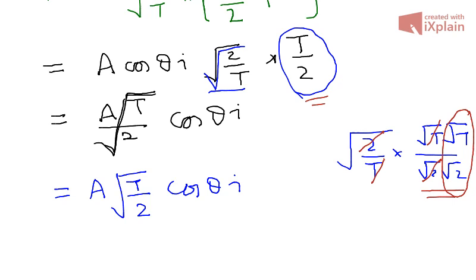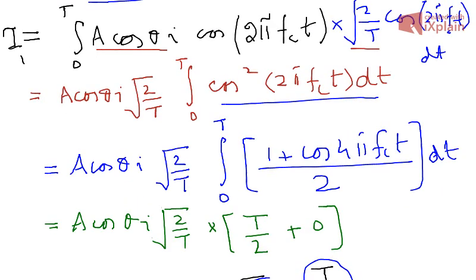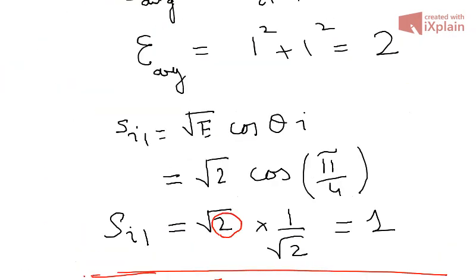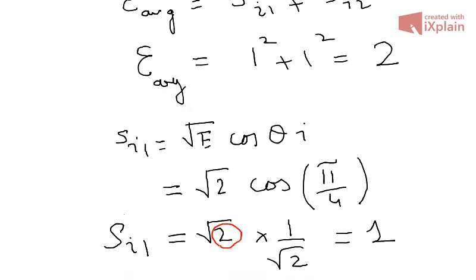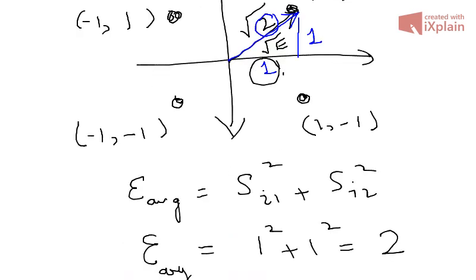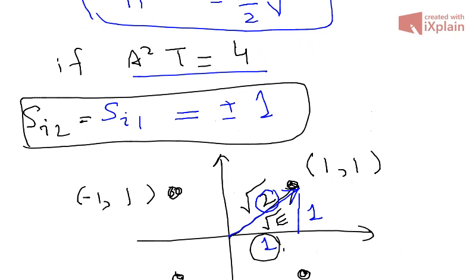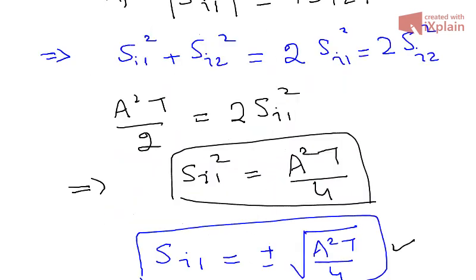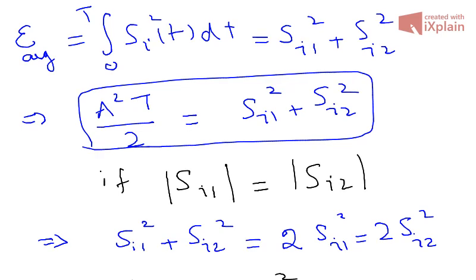We just verified this in the above equation. If you see here, the above equation, when we found the energy of the symbol, we said that the energy of the symbol is A square T over 2.